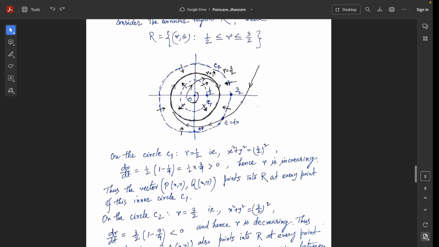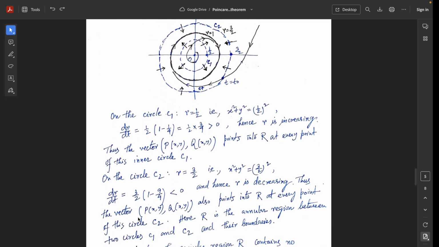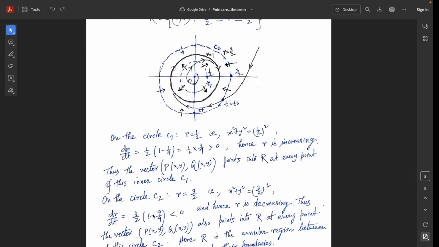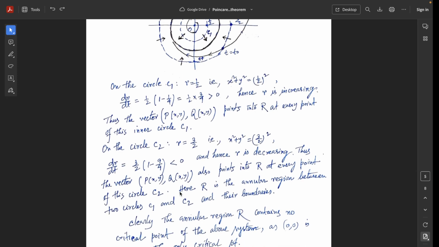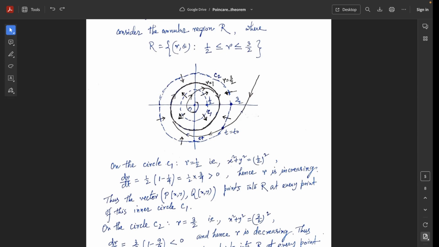And on the circle C2, where r equal to 3 by 2, dr/dt: put r equal to 3 by 2 into r(1 minus r square), so we get a negative sign. So r is decreasing. For decreasing, this is towards the origin. So on this circle C2, r equal to 3 by 2, this direction is the inward direction. So by this inward direction, the trajectory enters this annular region R. This trajectory C enters the annular region at time t equal to t0.